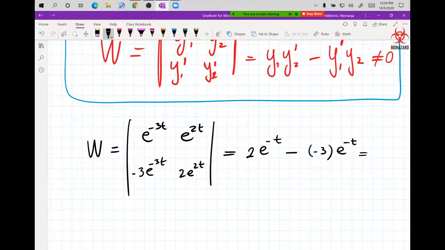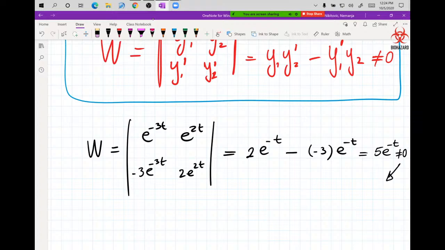And when you put all of these together, you get 5e to the negative t, which is not a 0, and we're good to go. So not zero means solutions are linearly independent, and you do have two linearly independent solutions. You're okay to go with your y1, c1, blah, blah, blah. But if you get 0, then solutions are dependent, and then you're doomed.